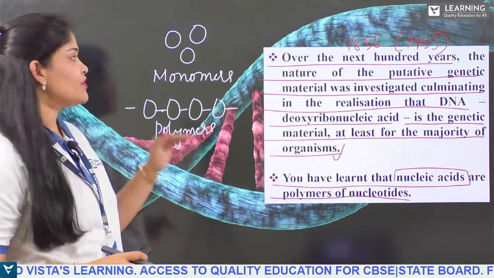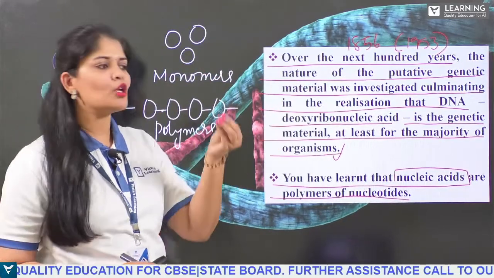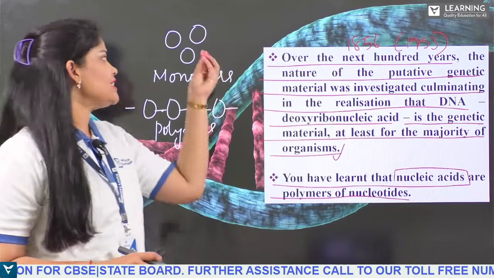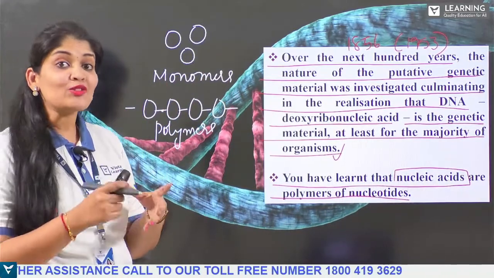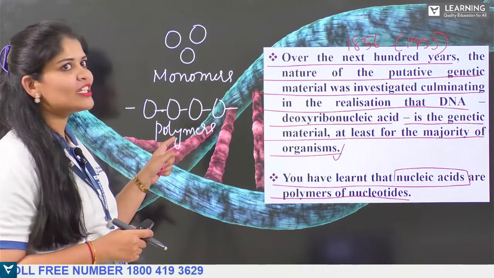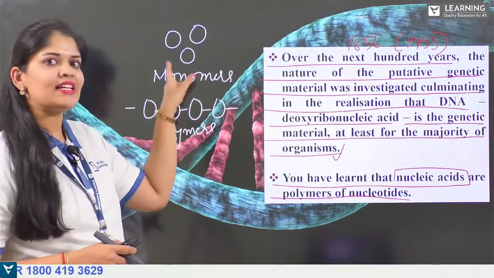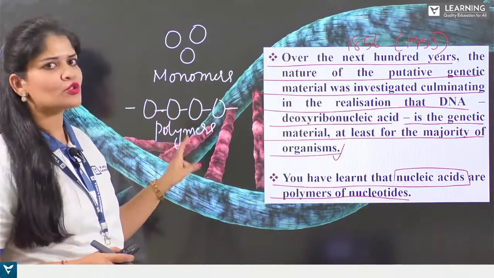In the case of carbohydrates, the monomers are monosaccharides. Each monosaccharide combines by forming glycosidic bonds between them and leads to the formation of polysaccharides. That means monomers combine to form polymers.